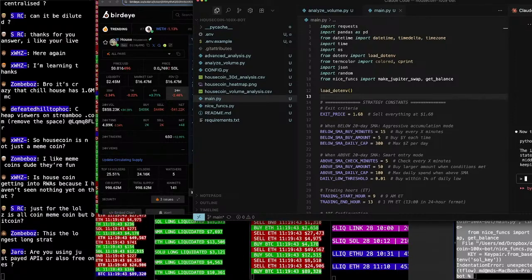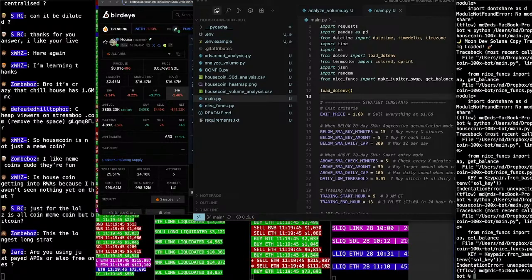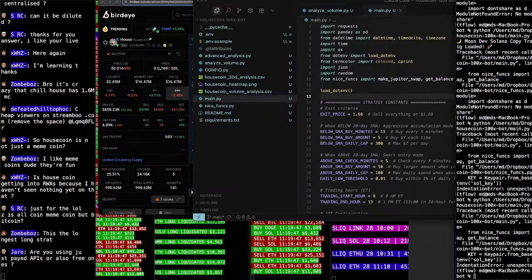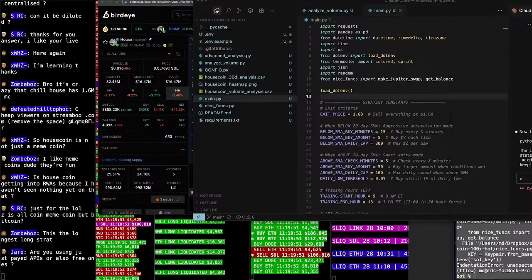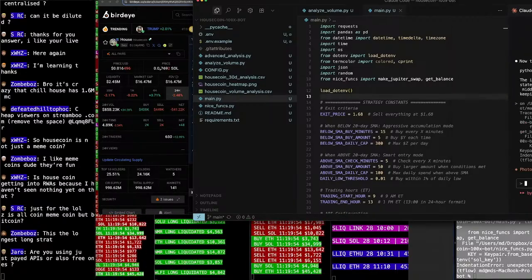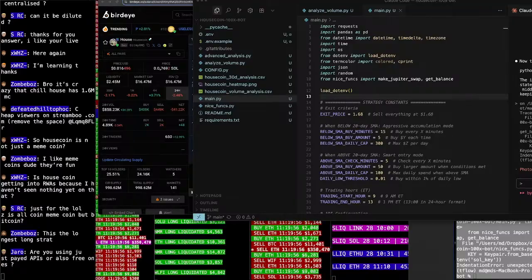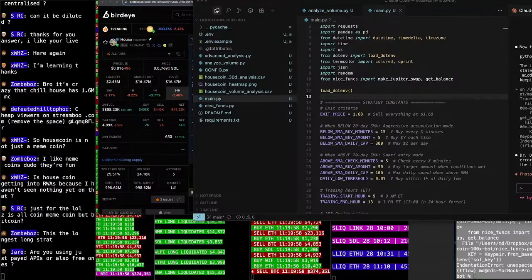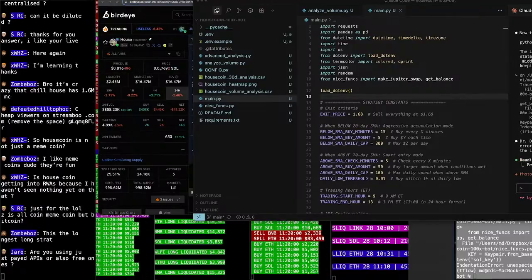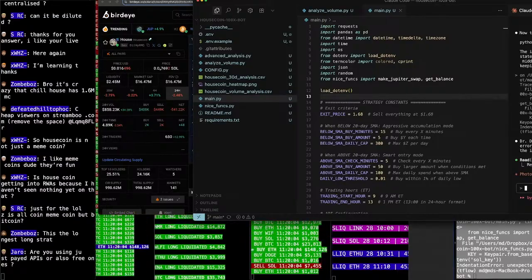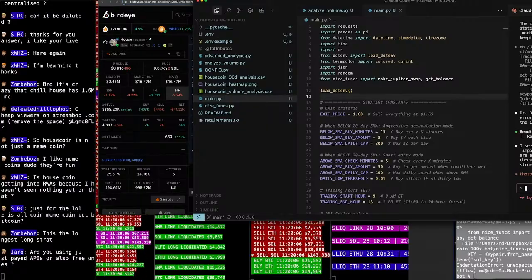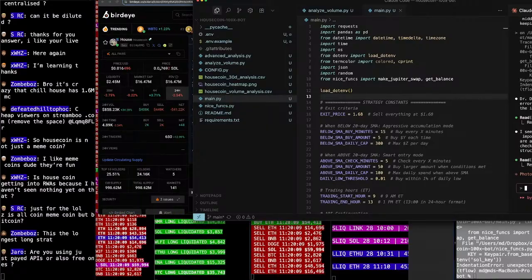Now try running it again. Line 343. Okay, you can see the import error.